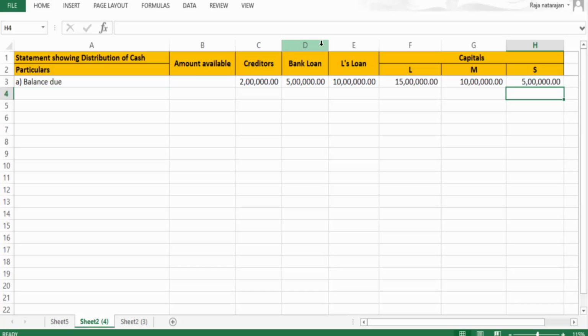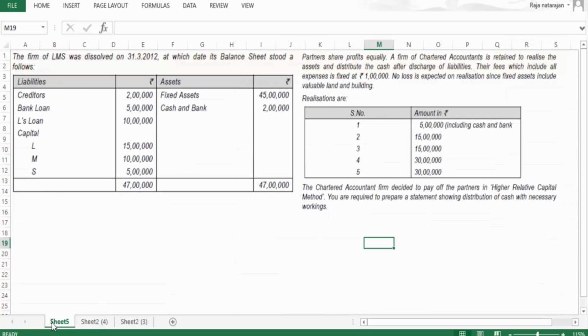Now what should we do? We should focus on the collections and distribute them to the outsiders first. If you read this, partners are sharing profit equally. A CA firm has been appointed who will do this realization and distribution of cash. They will charge 1 lakh. So this realization expense should be paid first out of the realization. What is the realization? The first realization is 5 lakhs, and this includes the cash and bank balance.